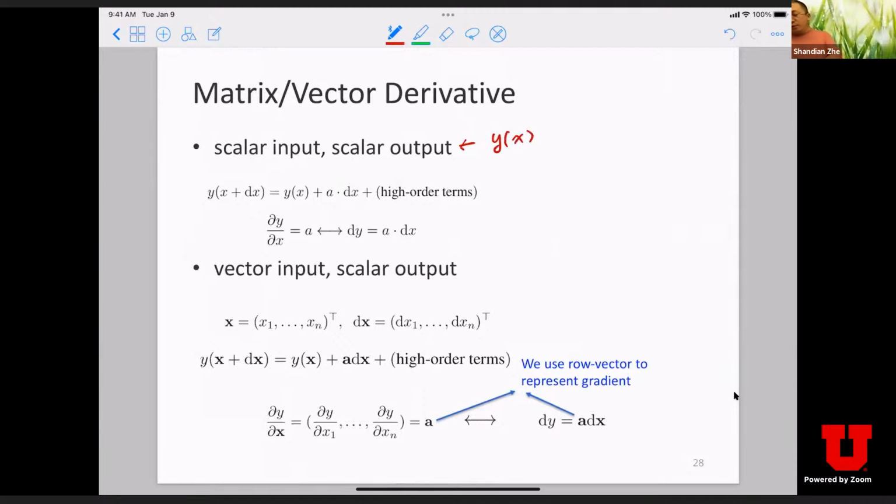How do we define the derivative or gradient? If we open our calculus book, it tells us how to calculate the derivative or gradient of y of x at some particular place.